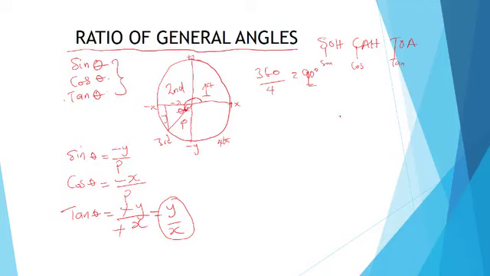So if you have the value of x being greater than or equal to 180 and less than or equal to 270 degrees, at this point sine is negative, cosine is negative, and the tangent of such an angle is positive.